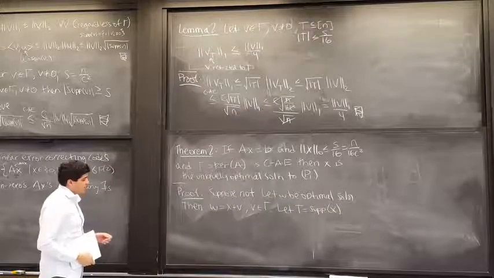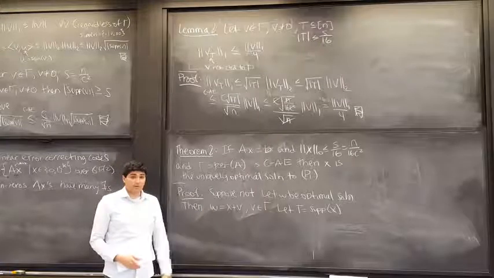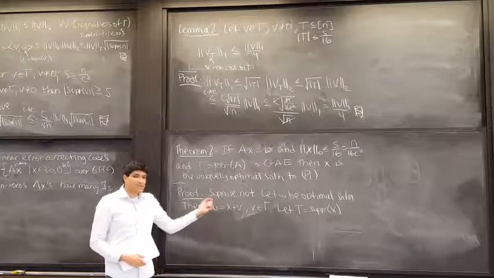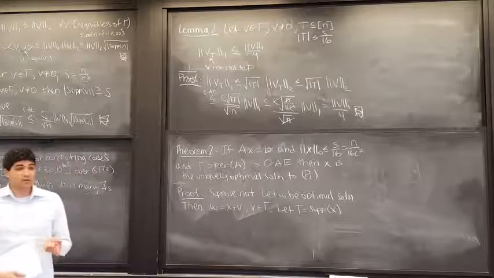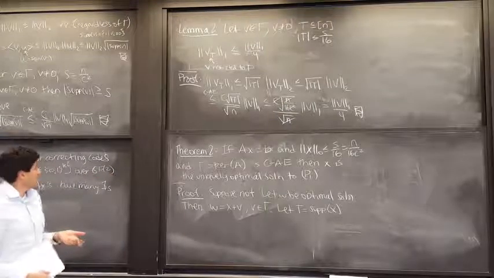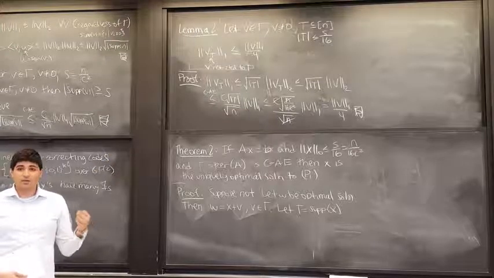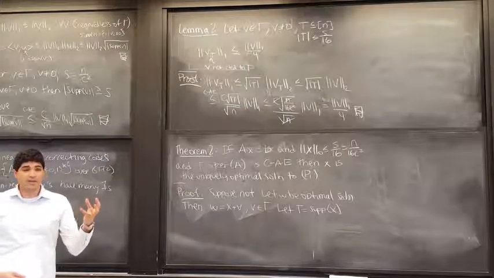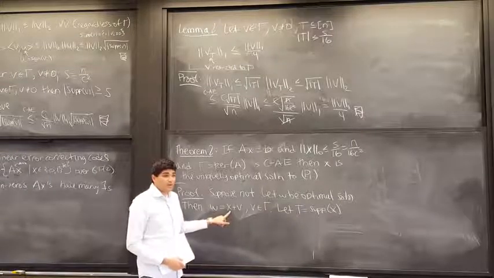So here's the idea, let me tell you the intuition, that way it's clear what's going on in the math. The idea is that X is sparse, right? And we know that V is a vector which is almost Euclidean. So we know by lemma 1 that it can't have too much of its L1 mass concentrated on where X is non-zero.